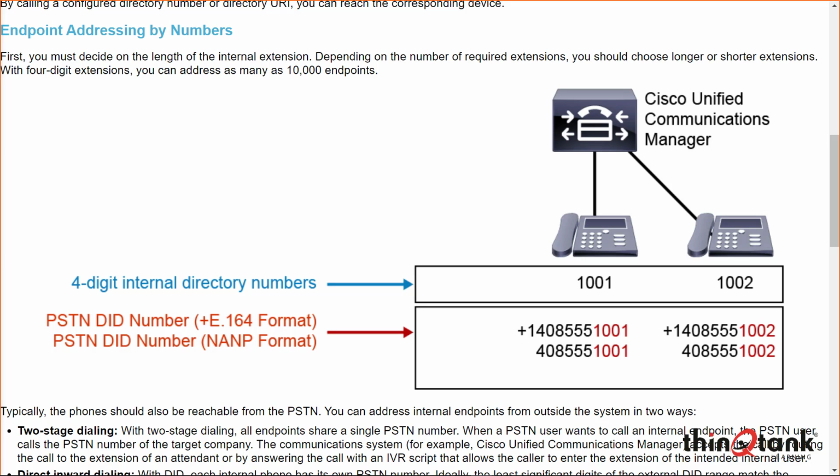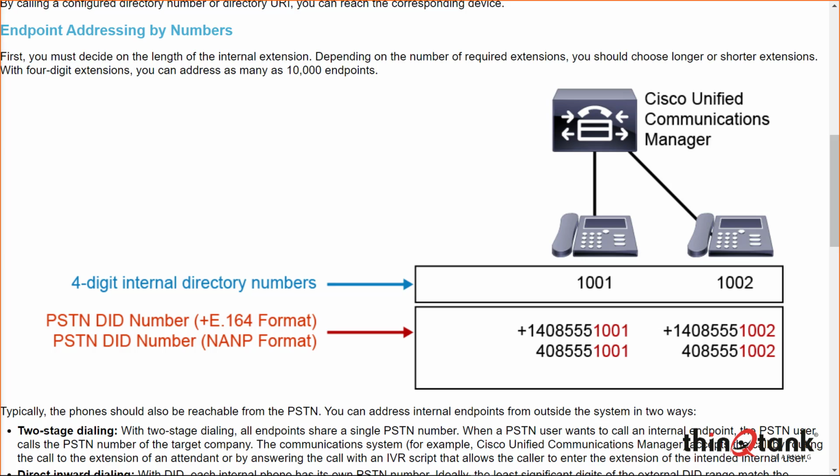All right, the E.164 number would be used for the PSTN. That's going to start with the country code, like I said, 1 to 3 digits, and then you're going to have a subscriber number. That's the general format.